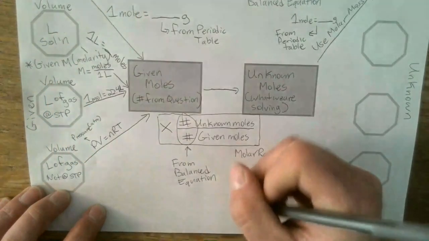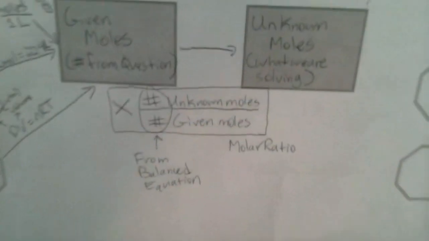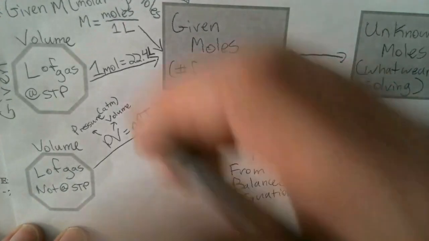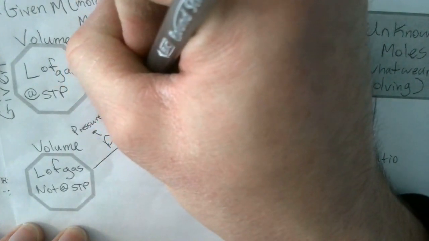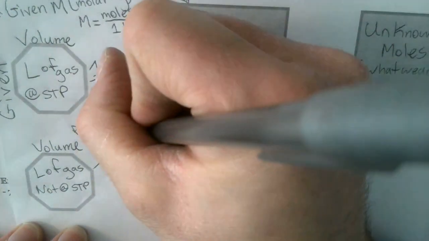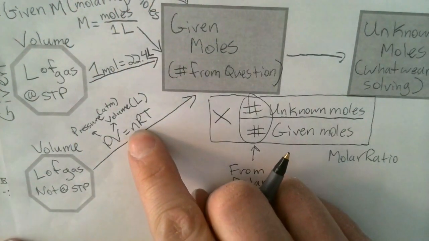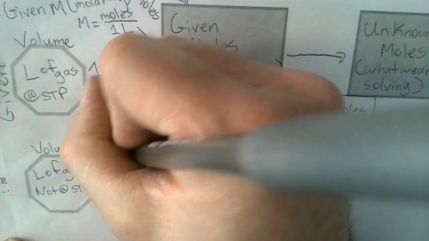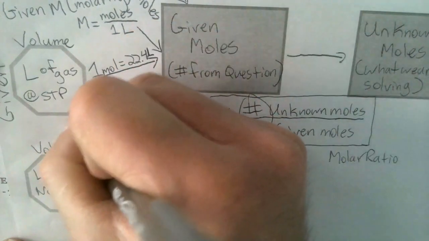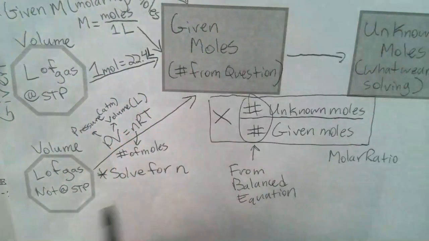V stands for our volume. So let me zoom this in, I'm writing a little small here. Which is usually going to be in liters. N is what we're actually going to need to solve for, because if we remember, N is the number of moles. So for this part, we're going to be solving for N to get from here to here.